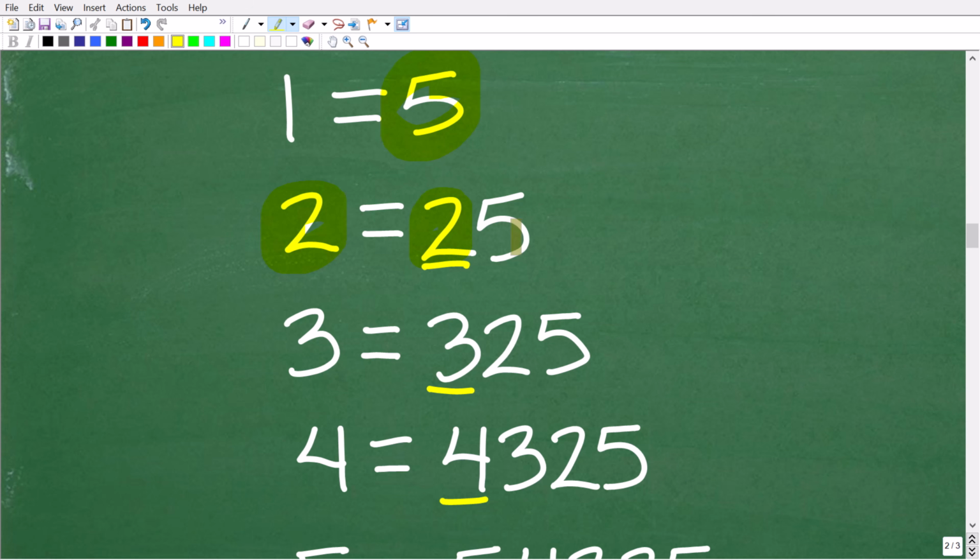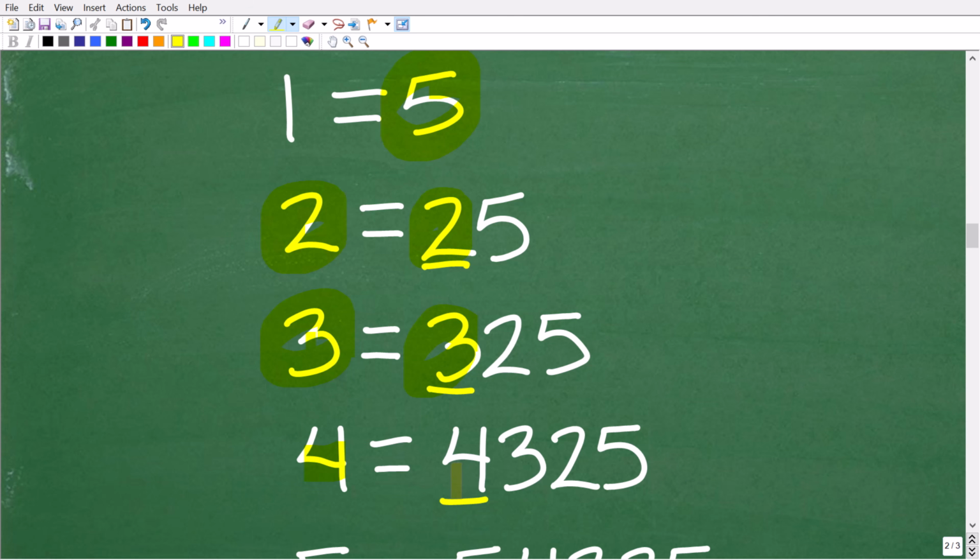But if that's the case, let's test it on this next set of numbers, 3 is equal to 325. If we take this number and put it in front of the previous numbers, well, it seems to work, right? So 3 is equal to 325. So this pattern is holding true.